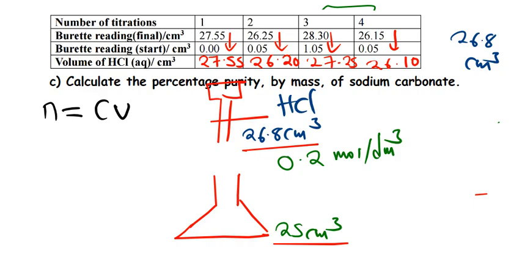The concentration was 0.2 moles per decimeter cubed, multiplied by 26.8 cubic centimeters, which we can divide directly by 1,000 so that we have it in decimeter cubed as a volume.